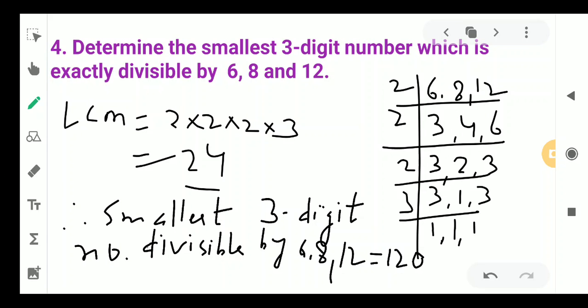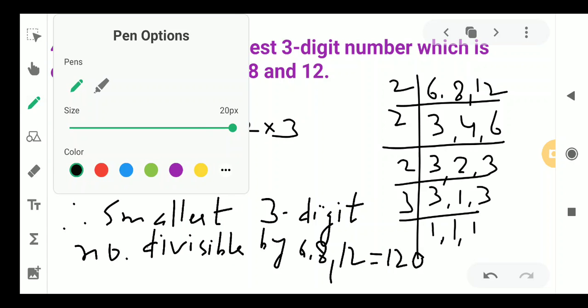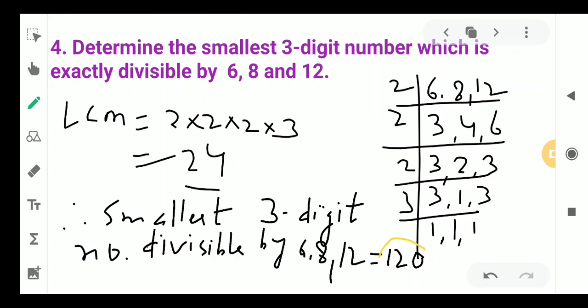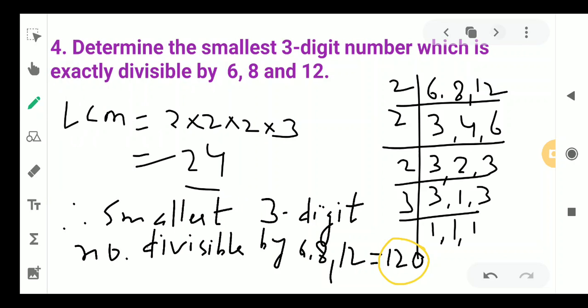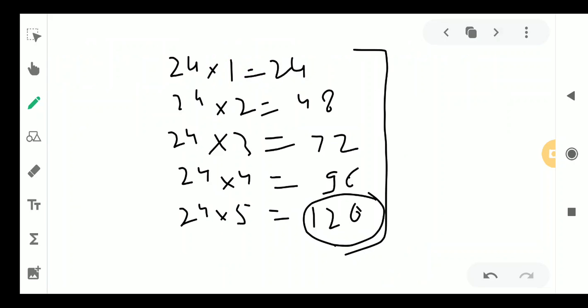So this is our answer. This is the smallest 3-digit number which is divisible by all these numbers. And how did we calculate it? We have taken the multiples of the LCM and 120 is the first 3-digit number.